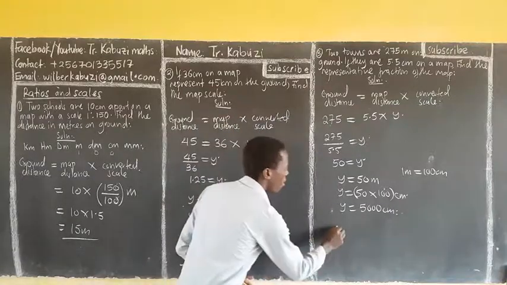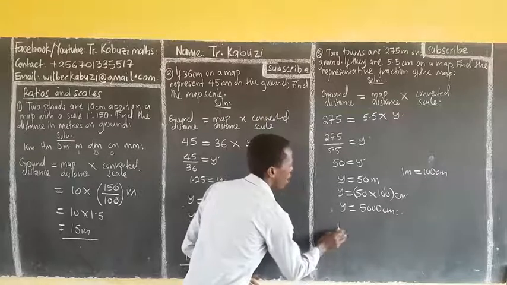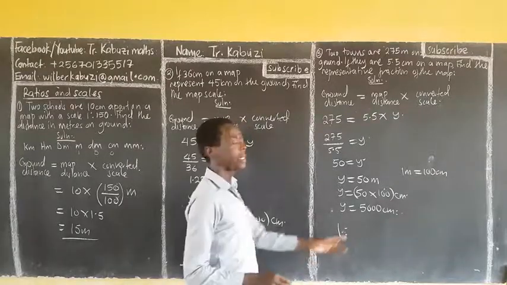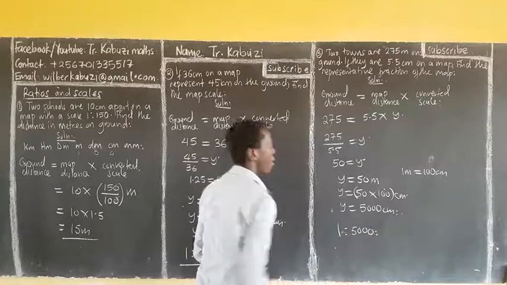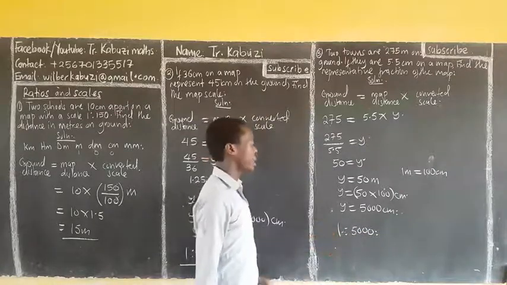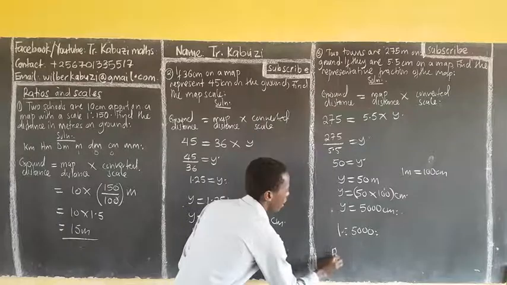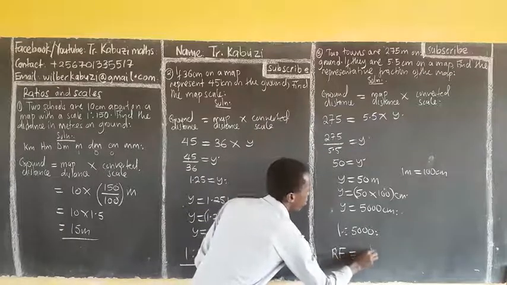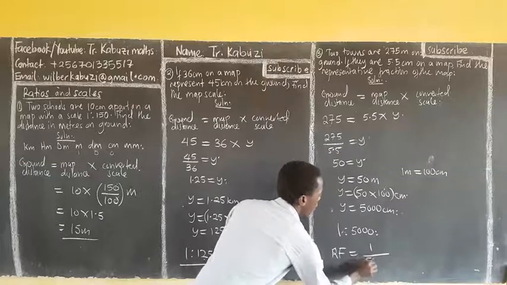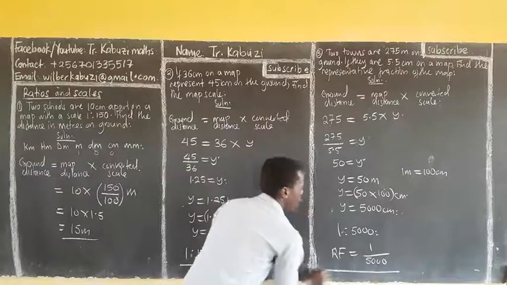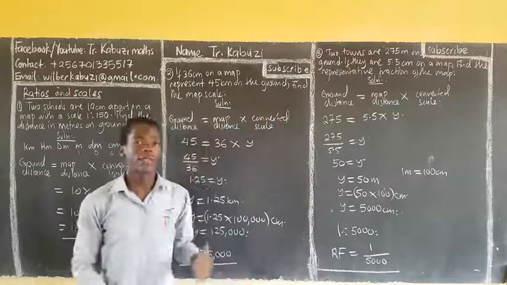Meaning that 1 centimeter on the map will represent 5,000 centimeters on the ground. This is the scale. To give it as an RF, the RF will be 1 over 5,000. So that's how we handle these questions.